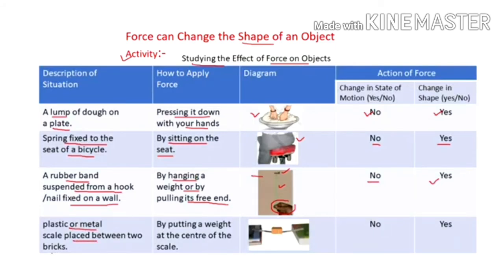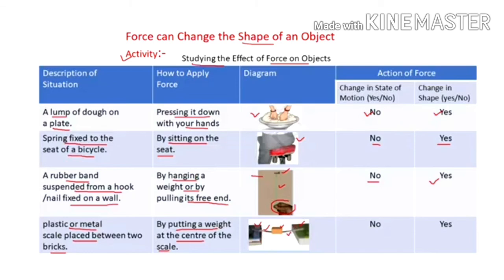Then the next activity: we take a plastic or metal scale placed between two bricks, and the method of application of force can be by putting a weight at the center of the scale. So after observing, what is observed here? There is no change in state of motion, but there is a change in the form of shape.